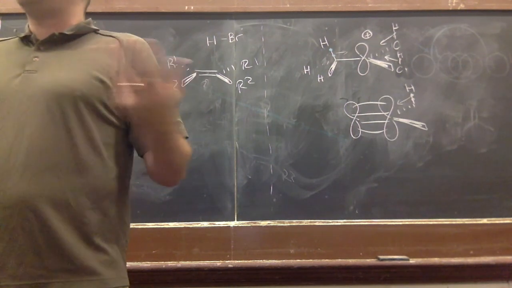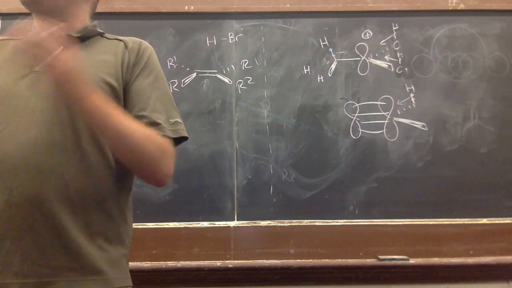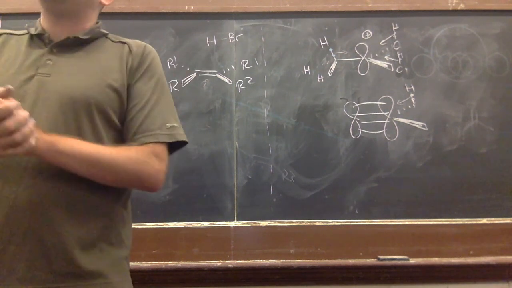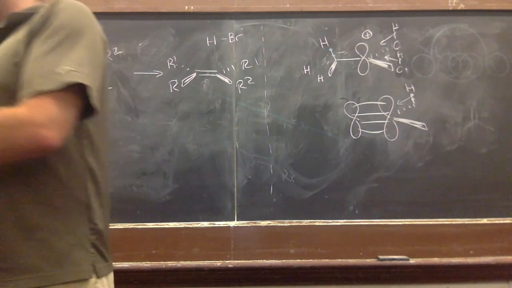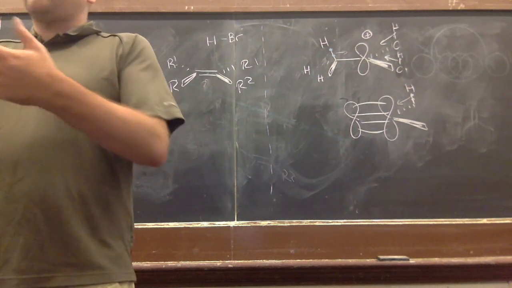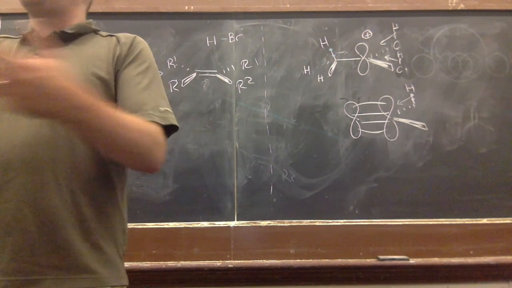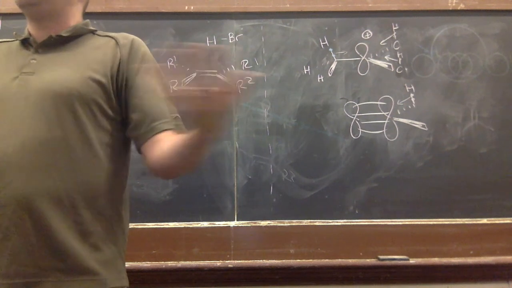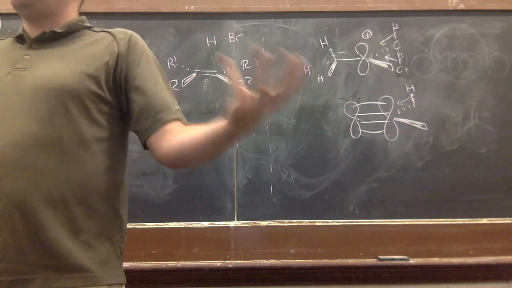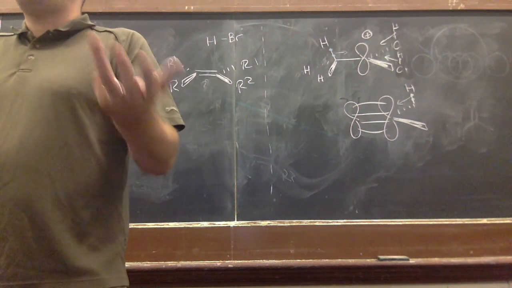Resonance stabilization is really strong. It's not only strong because it can help stabilize charges, but it's also strong, and we'll talk about this in a month or so within conjugation, because when you can spread electrons, even neutral electrons, throughout a system, that has a stabilizing impact.